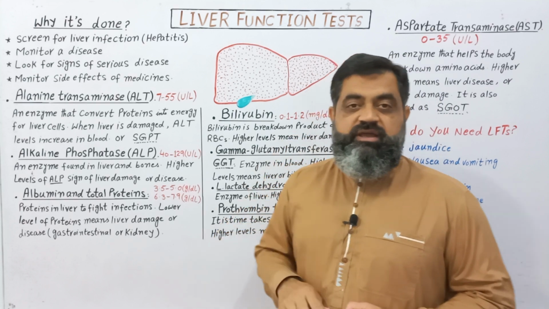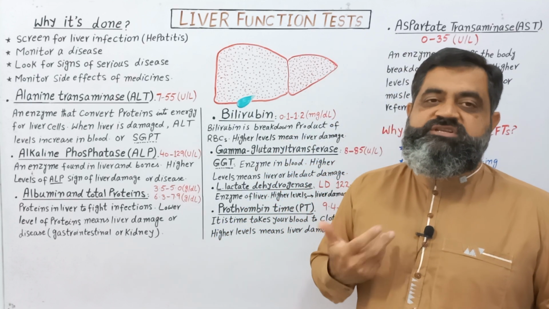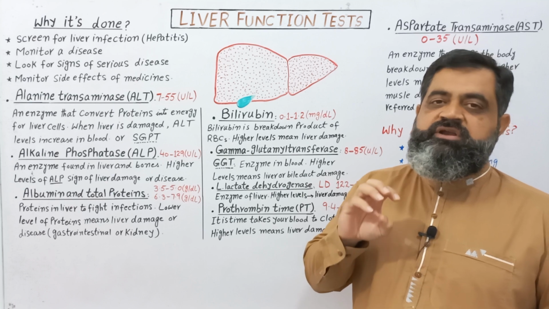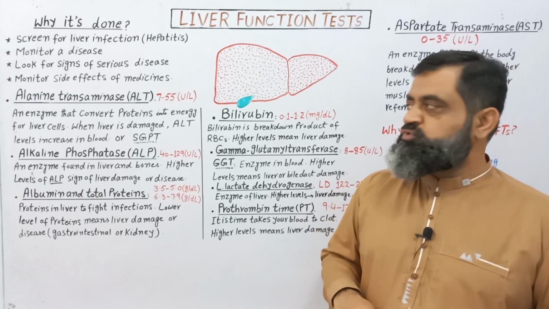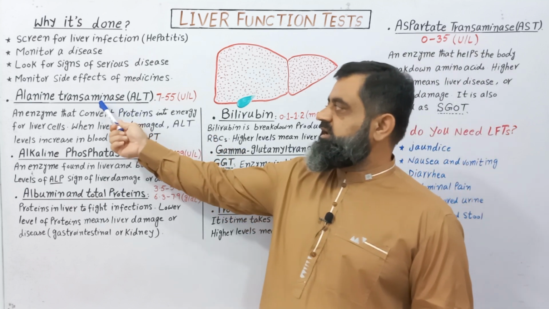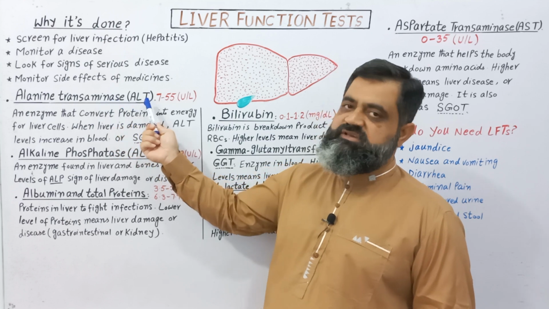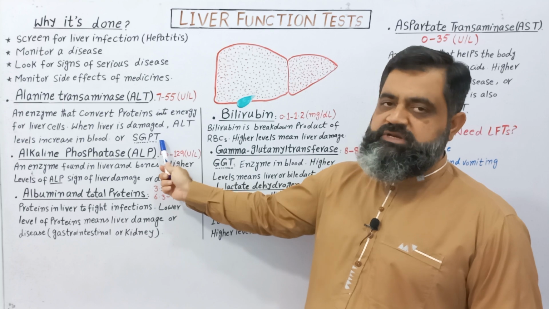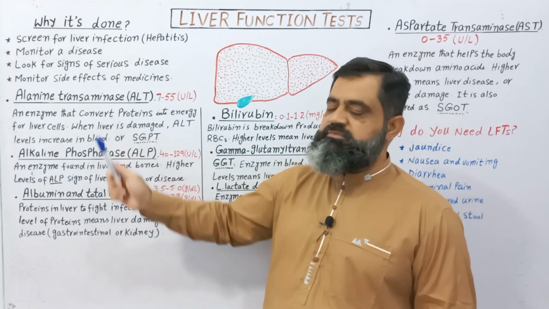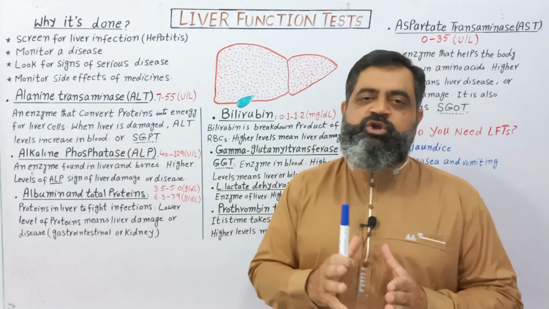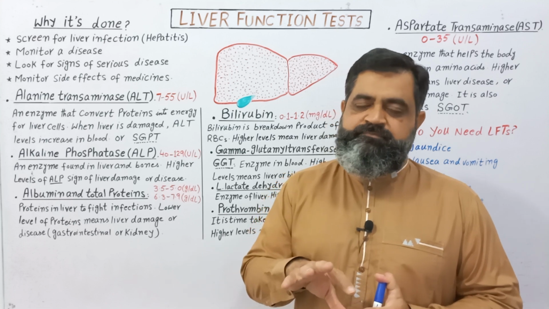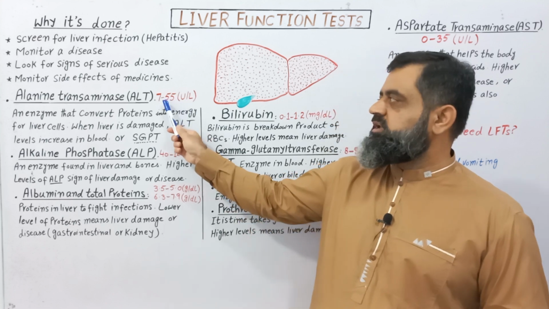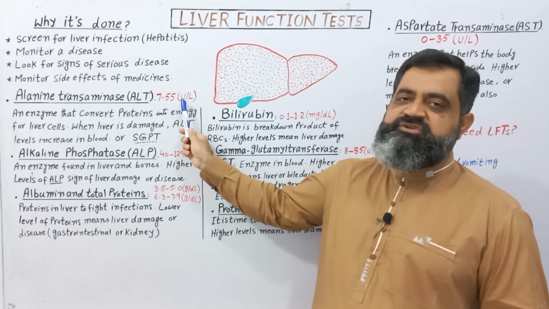There are certain enzymes which are produced inside the liver and which are determined by these tests. Number one, alanine transaminase, ALT. It is also known as SGPT. It is an enzyme that converts protein into energy for liver cells. Its normal value is 7 to 55 units per liter.